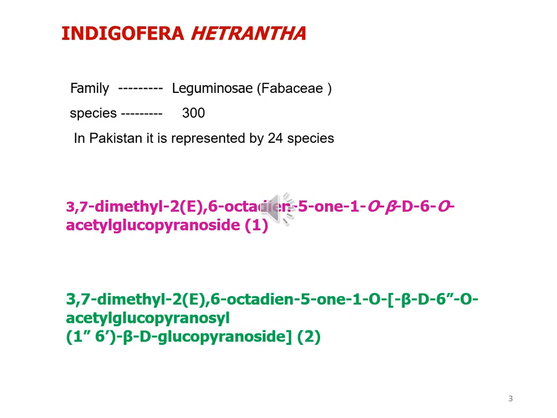Here we report the isolation and structural elucidation of 3,7-dimethyl-2E,6-octadien-5-on-1-oxy-β-D-(6'-O-acetyl)glucopyranoside, and 3,7-dimethyl-2E,6-octadien-5-on-1-oxy-β-D-(6'-O-acetyl)glucopyranosyl-(1→6)-β-D-glucopyranoside. These two compounds will be discussed on the basis of spectral techniques.